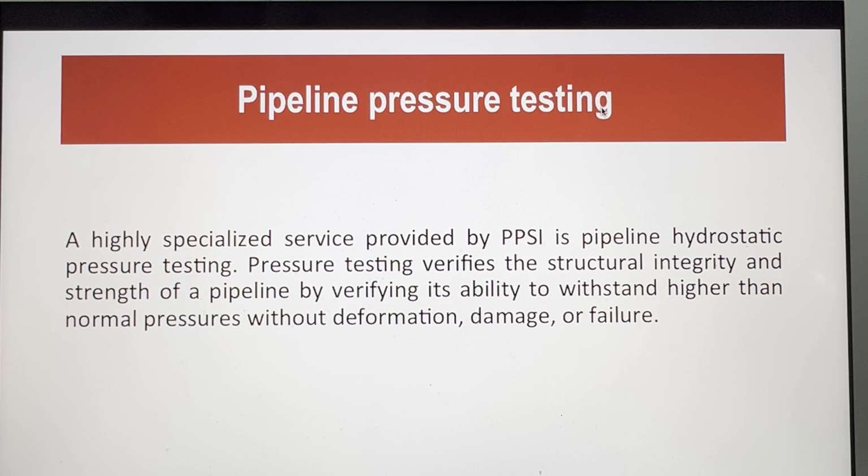Pipeline pressure testing. This is a highly specialized service provided by the testing company. The pressure testing verifies the structural integrity and strength of the pipeline by verifying its ability to withstand higher than the normal pressure without deformation, damage, failure, or perhaps rupture at certain pressure.